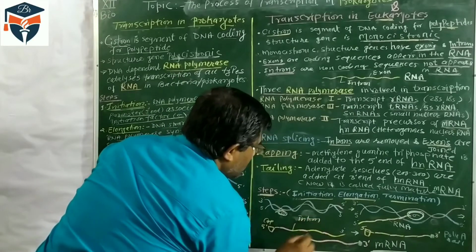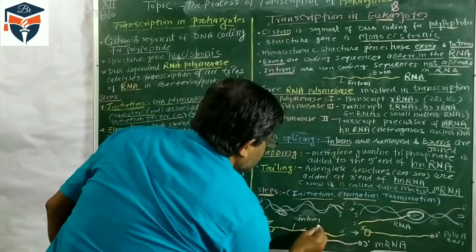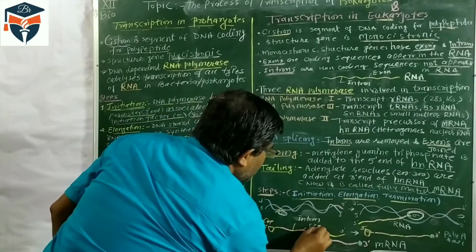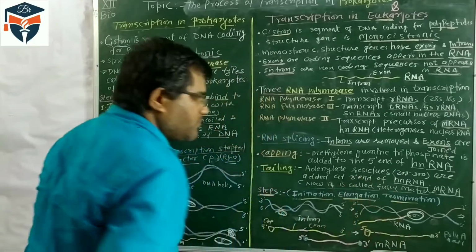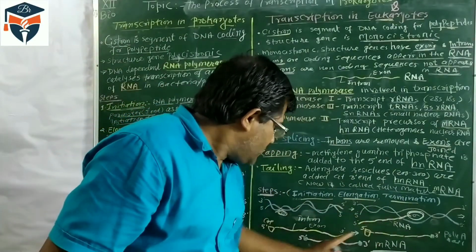Intron, and the red color, as I have mentioned here, are the exons. When an RNA molecule is formed from the DNA, it means DNA is transcribed to RNA.